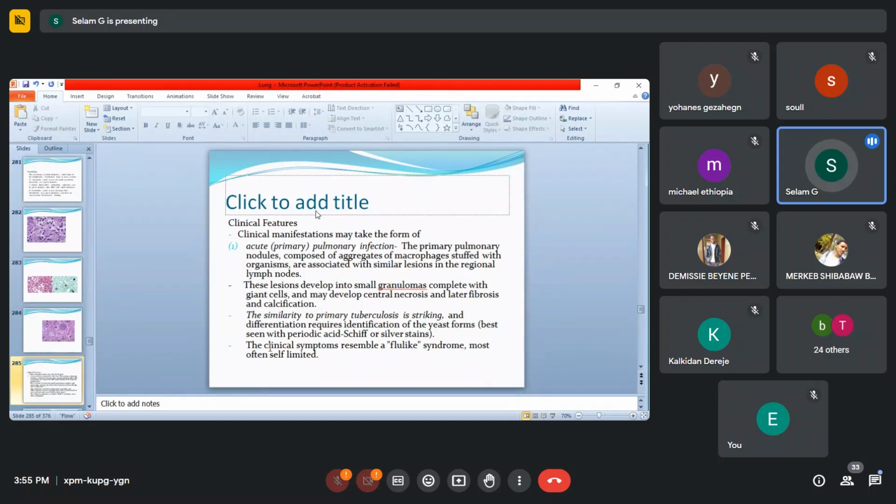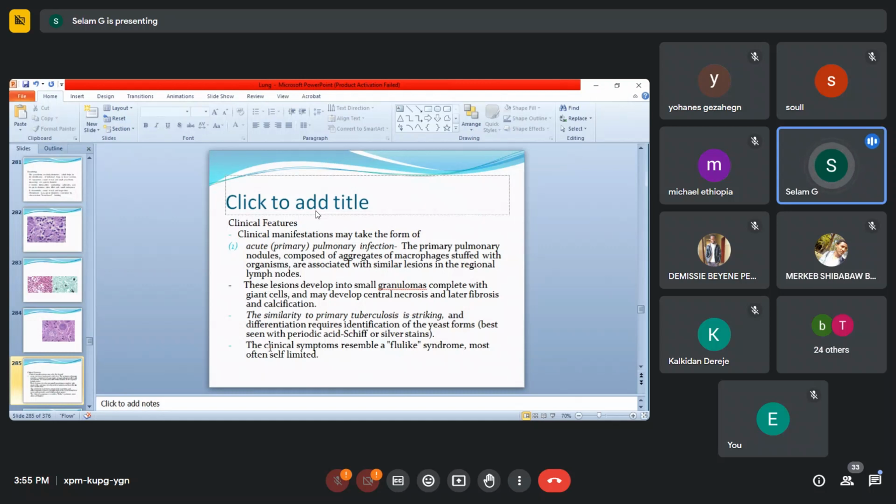The similarity to primary TB is striking, and differentiation requires identification of the yeast form, best seen with periodic acid-Schiff or silver stain.